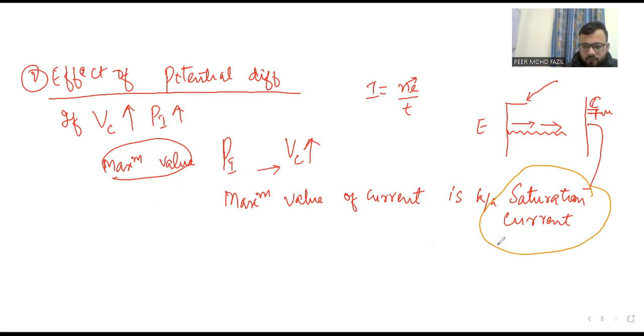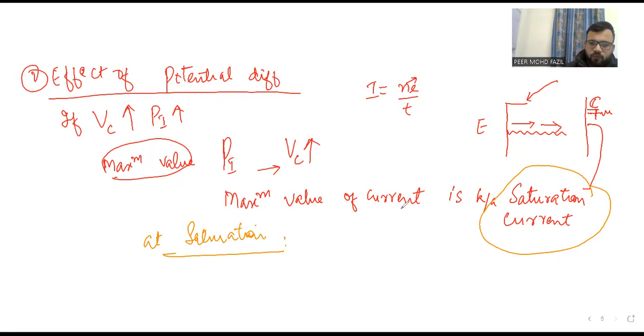Now, dear students, you have observed that at saturation current, that is, at the maximum positive potential, the current has its maximum value.